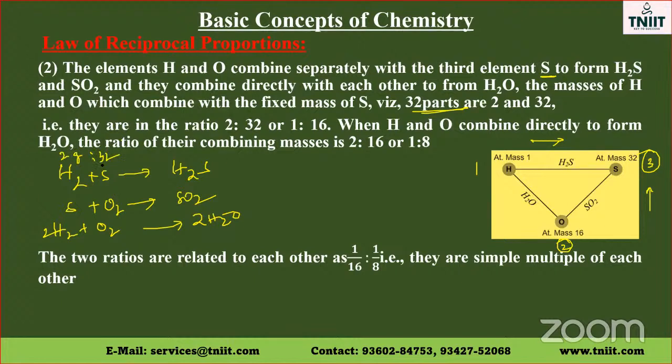That is, they are in the ratio 2:32 or 1:16. When hydrogen and oxygen combine directly to form water, the ratio of combining is 4:32. Since we are taking 2 moles, we can write it as 2:16, or 1:8.